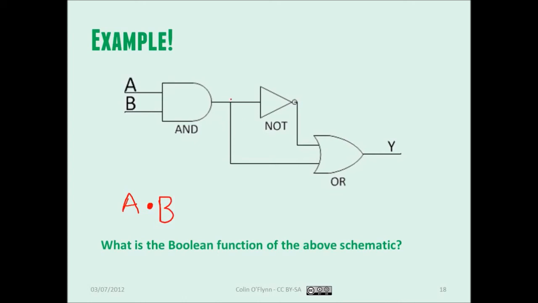And this output gets split 2 ways. So one way is going to be ORed, and one way is NOTed. So we'll NOT that. So this point here is A and B inversed. And this point here is just A and B without the inverse. So then all we have to do is apply an OR to this.